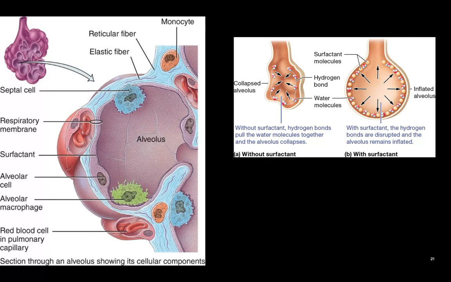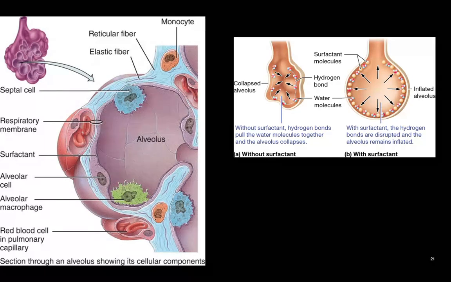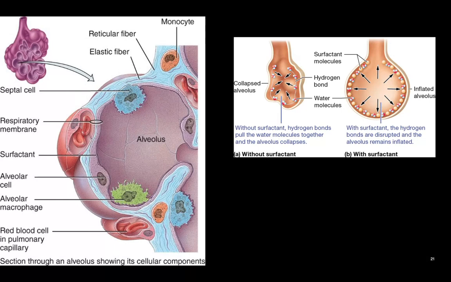In terms of surface area in the lungs, we have about 300 million alveoli, and that makes up about 140 square meters of surface area within the lungs.